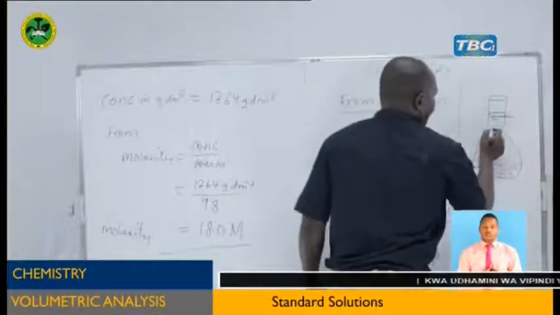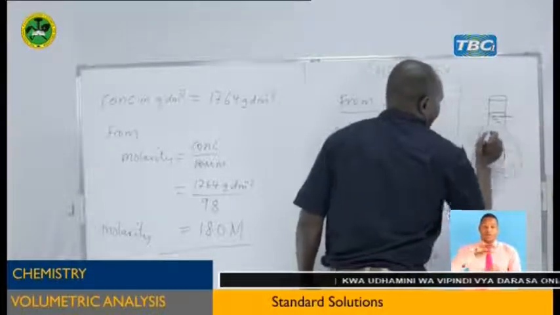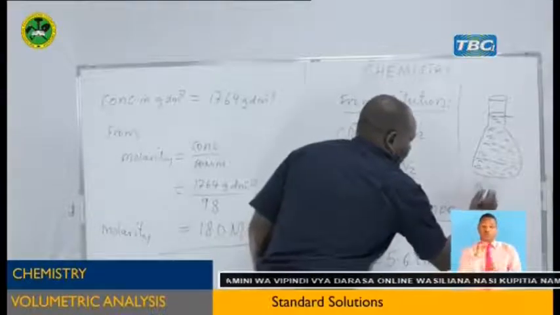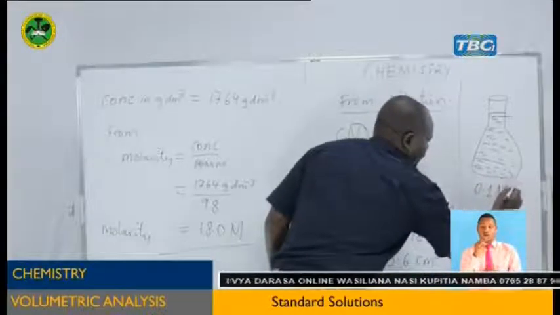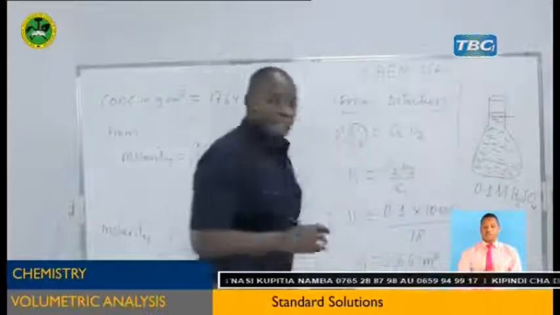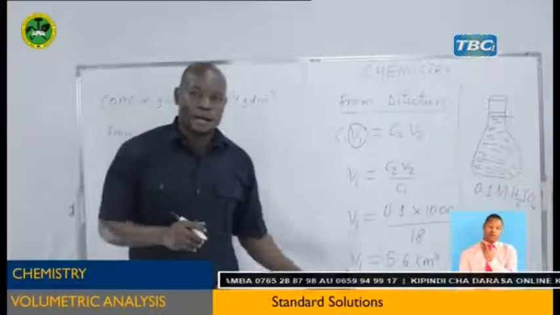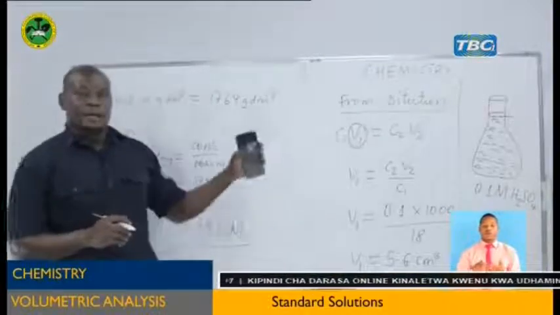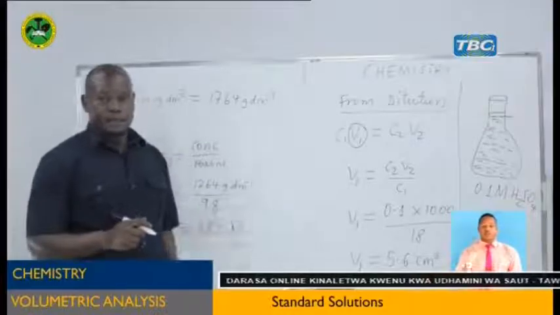That means the solution will contain 0.1 mole of sulfuric acid. That is how you can prepare these secondary standard reagents.